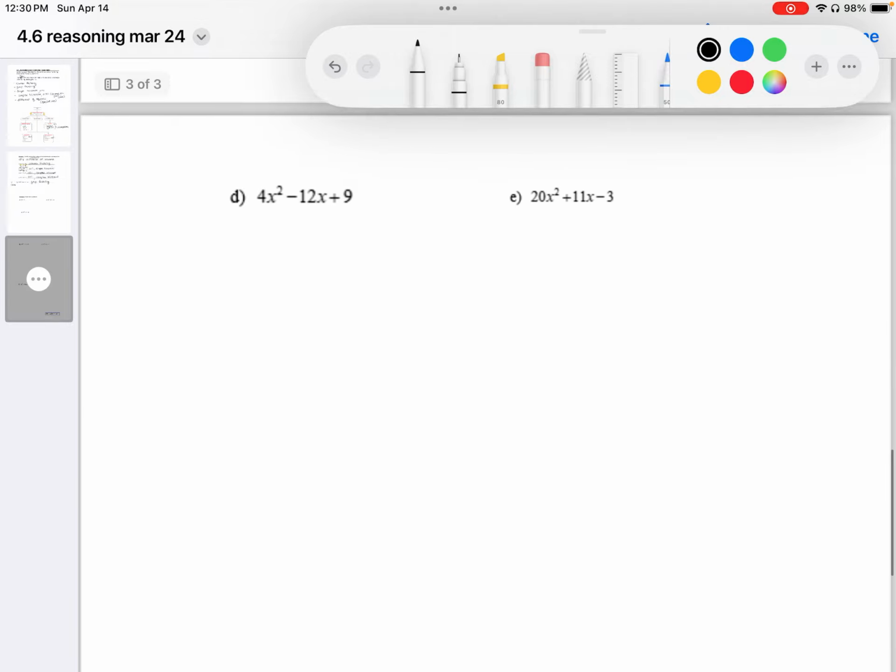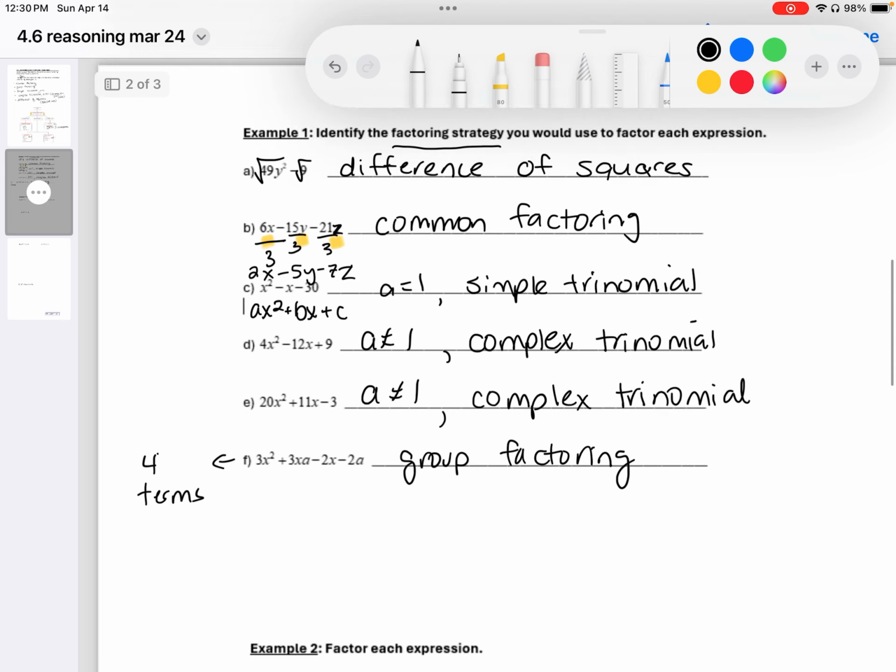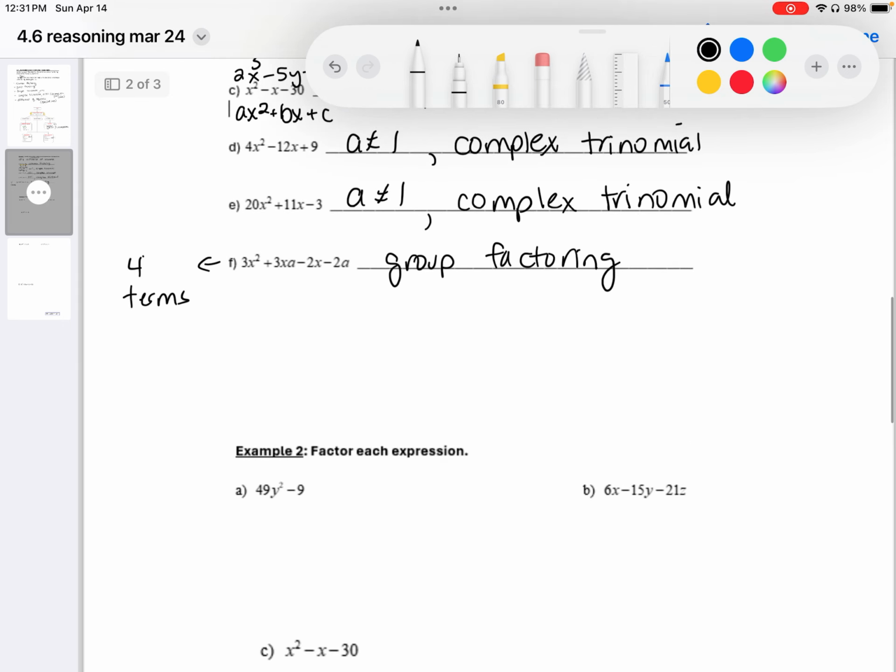We've already decided that the first one was going to be difference of squares. So when you factor the difference of squares, you're looking for the square root of 49y squared, which is 7y, and the square root of 9 is 3.